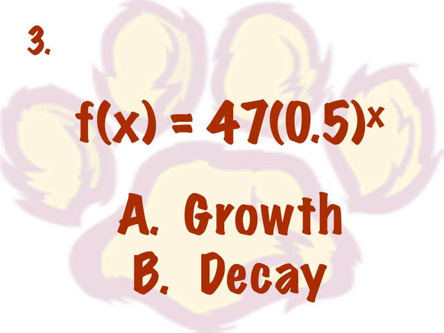Number 3, f of x equals 47 times 0.5 to the x power. Is it A, growth, or B, decay?